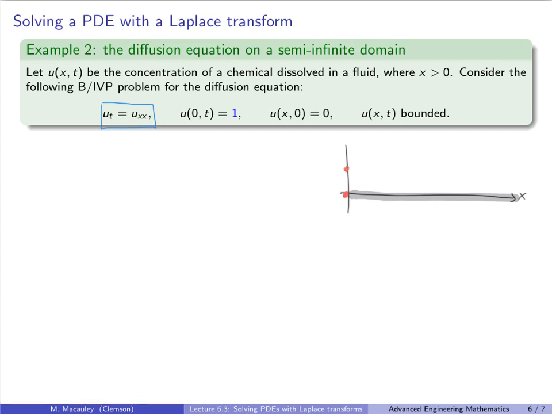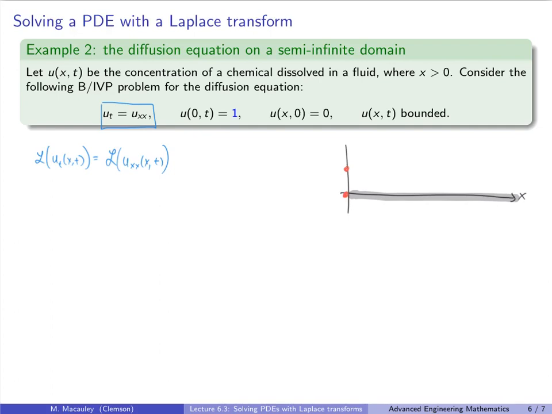And we get that the Laplace transform of u_t, remember this is of x and t, is equal to the Laplace transform of u_xx of x and t. Okay, so remember this turns t derivatives into multiplication.